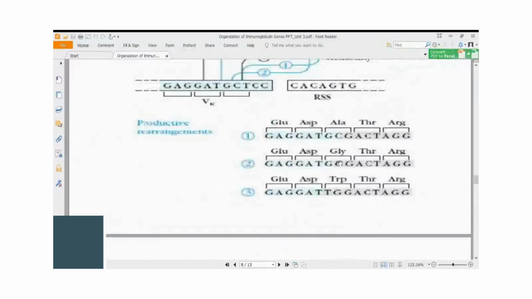Okay, and one of them may be successful in showing low affinity interaction, and another may fail to show any interaction because of that particular amino acid constitution in the FAB region. And if it shows no affinity, then that particular B lymphocyte which has chosen that kappa chain has to undergo apoptosis.